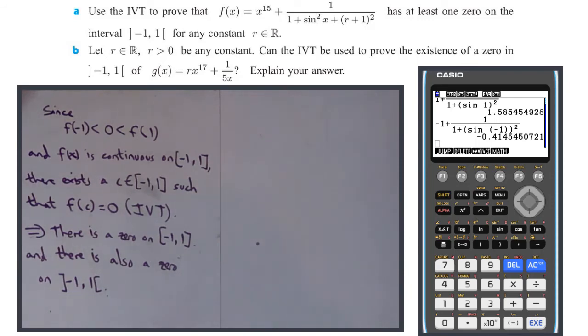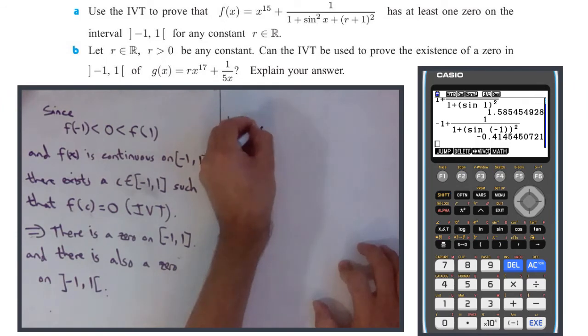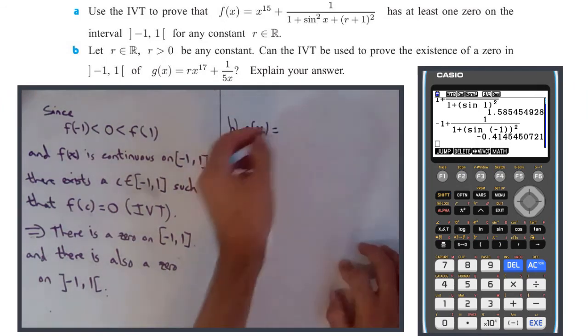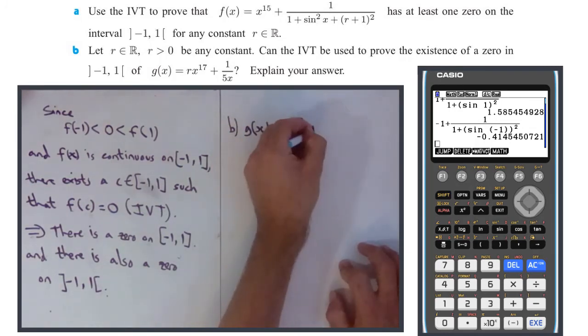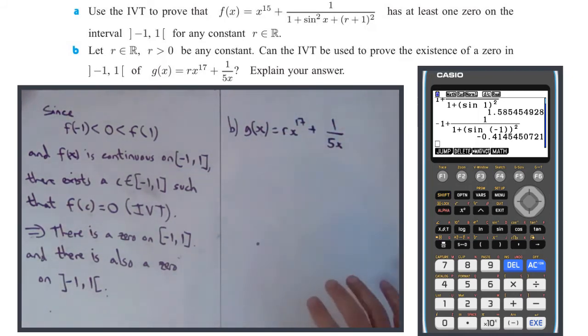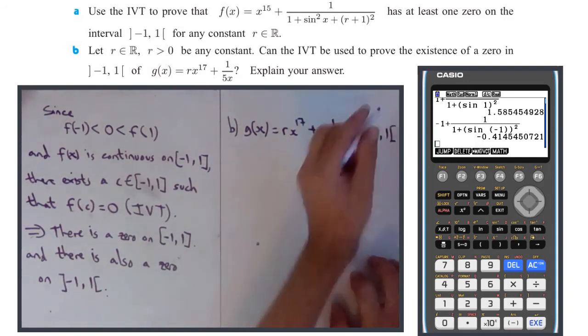Can the intermediate value theorem be used to prove the existence of a 0 in the open interval from minus 1 to 1 of g of x equals r x to the power 17 plus 1 over 5x? So we're looking at g of x, and we're interested in the interval from minus 1 to 1, and it's open.